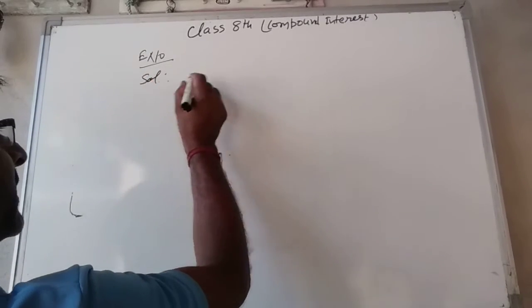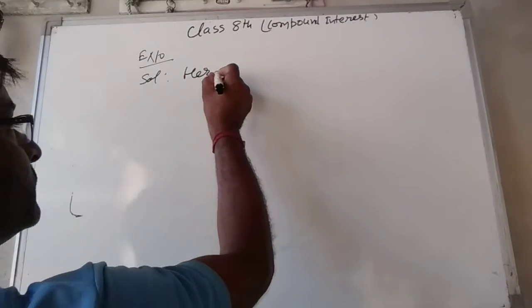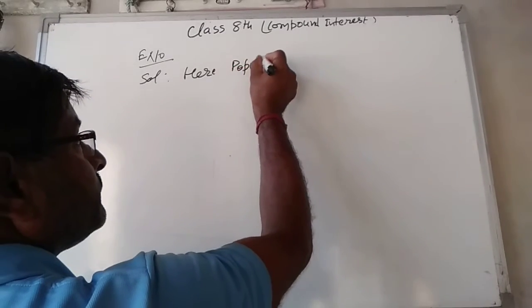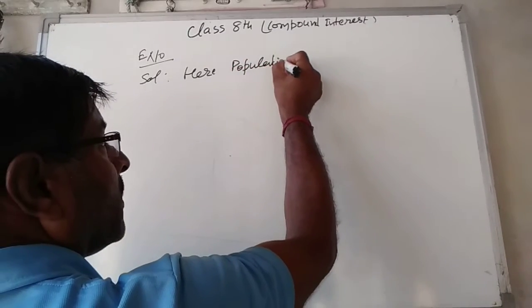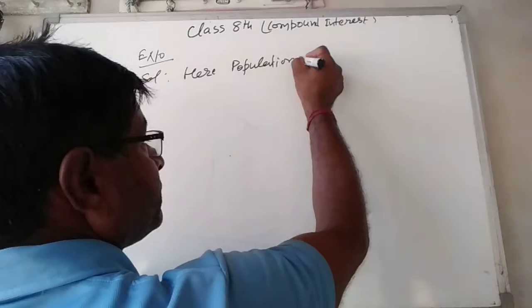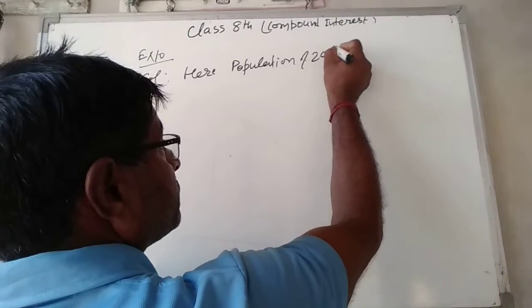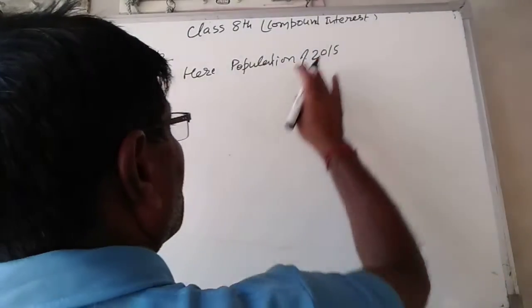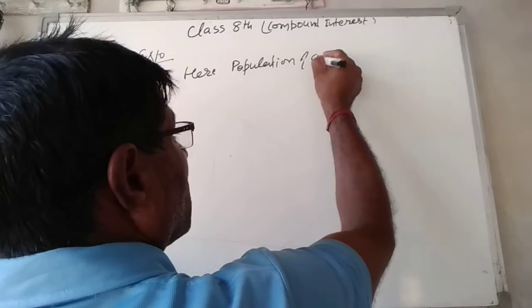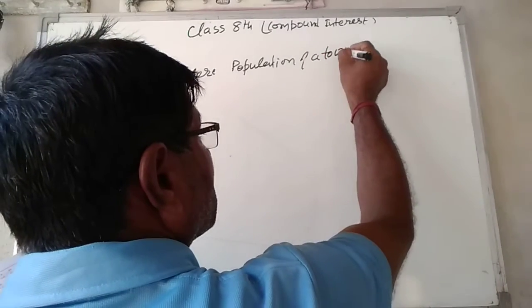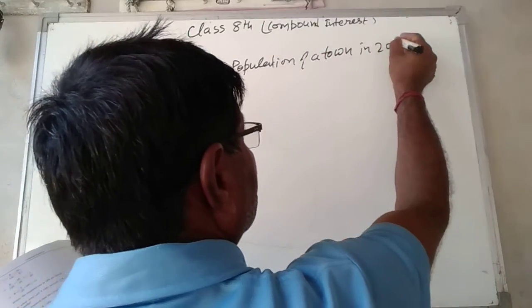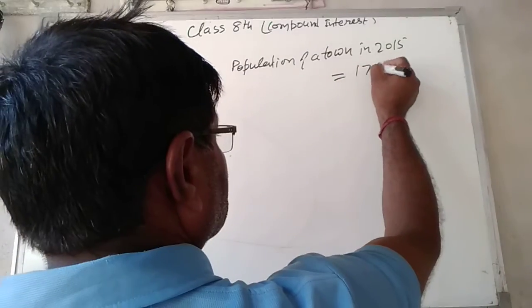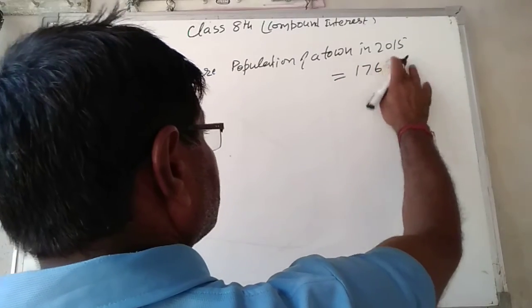Solution: population of a town in 2015 is equal to 176400.